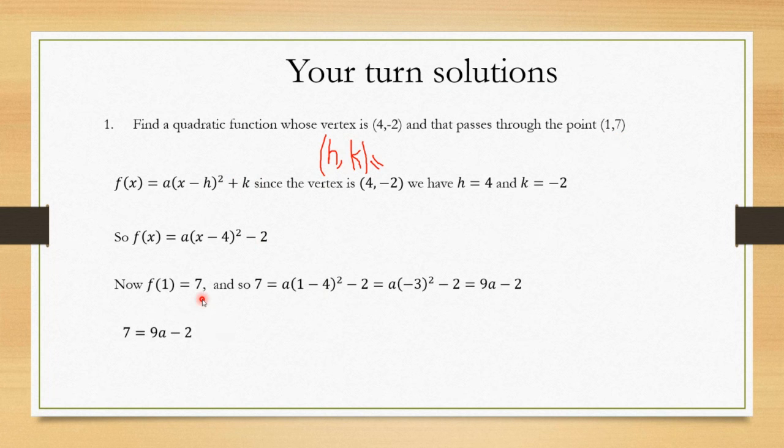In other words, f of 1 has to be 7, as I said before. So from here, we get 7 has to be a times (1 - 4)^2 - 2. And so from here, we get a times (-3)^2 - 2, as you can see.